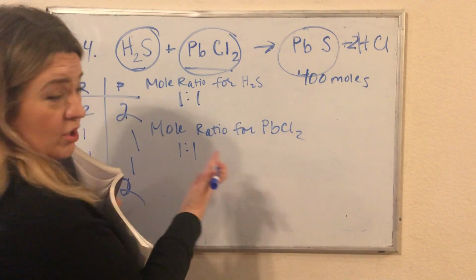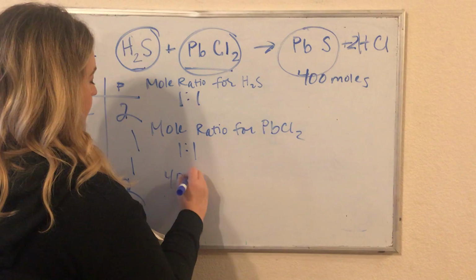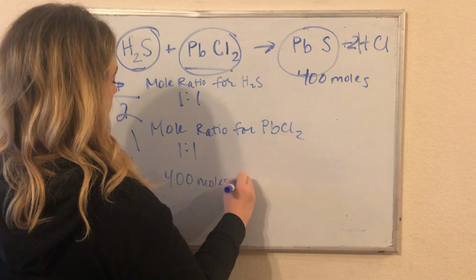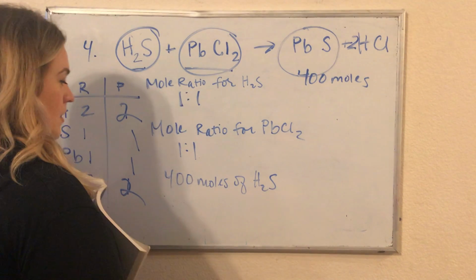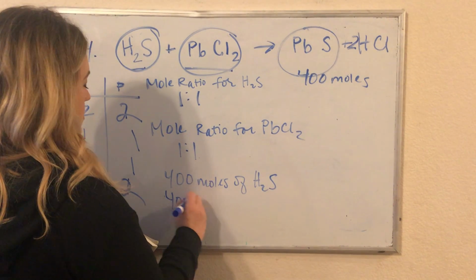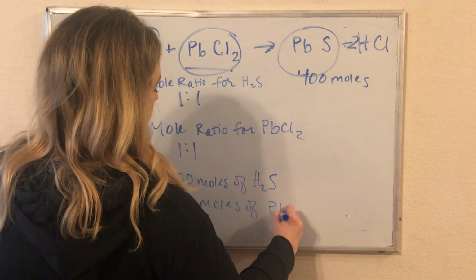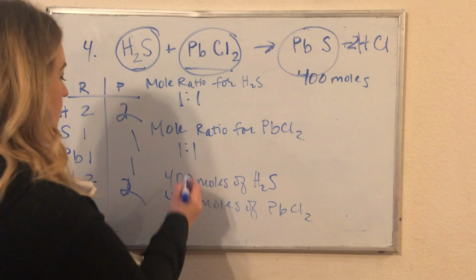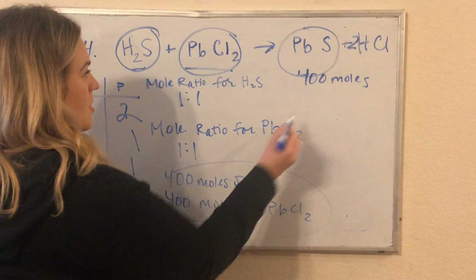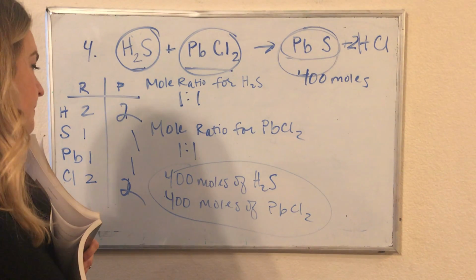So that part's pretty simple. So we know that our answer is we need 400 moles of hydrogen sulfide, and then we need 400 moles of lead chloride. So that's how much we need to make 400 moles of this lead 2 sulfide, okay?